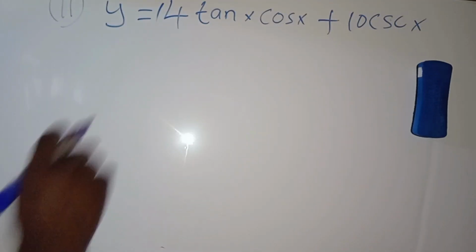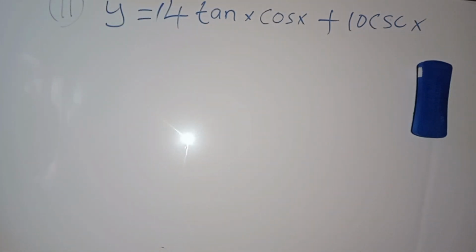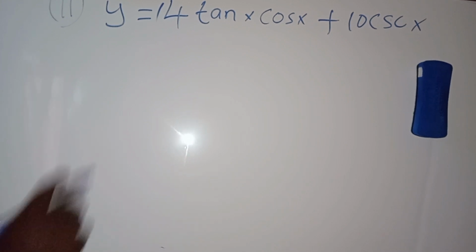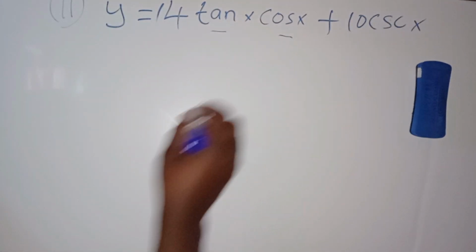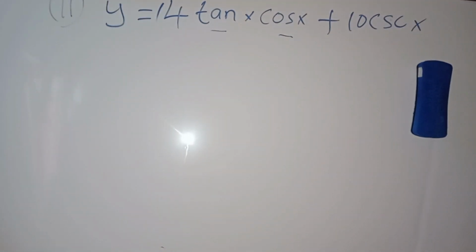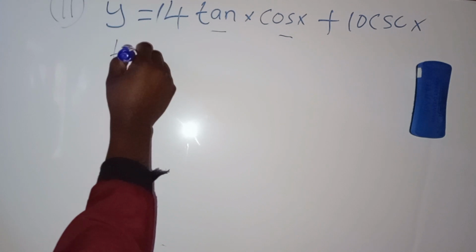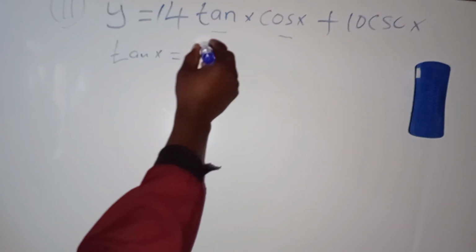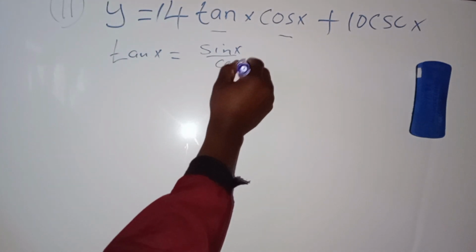Example 2, y is equals to 14 tan x cos x plus 10 cosec x. So find the derivative of this. Tan x is the same as sin x over cos x.